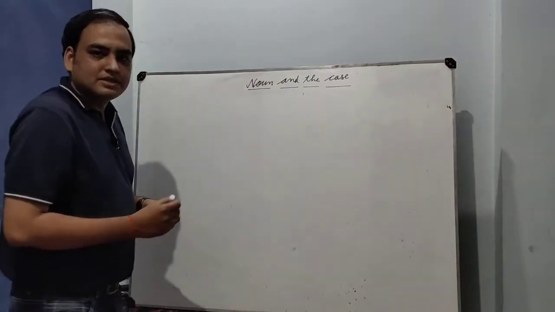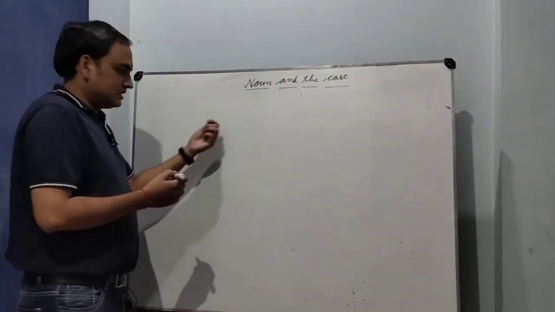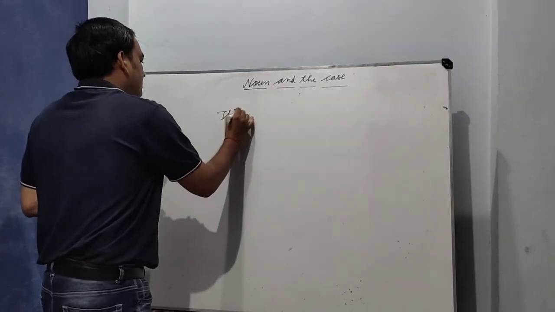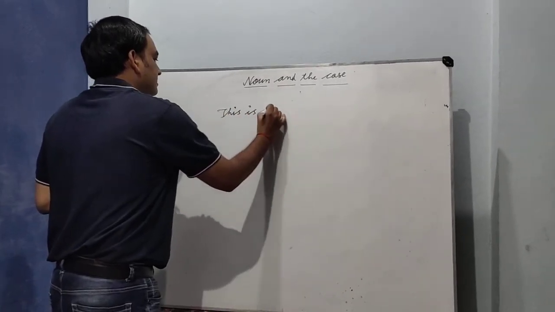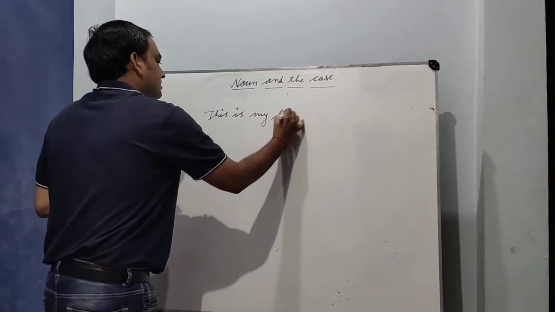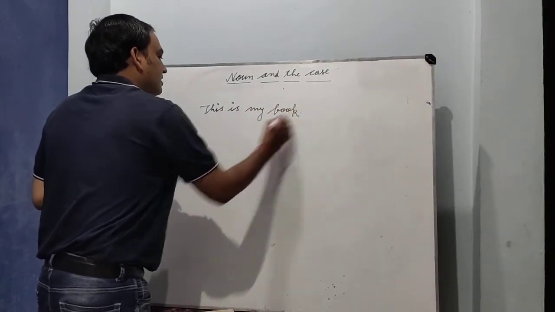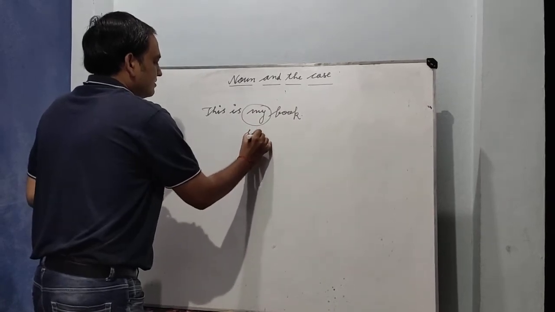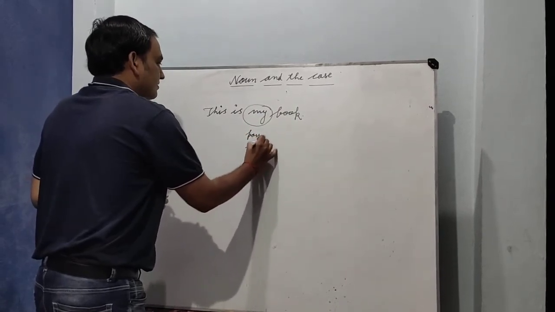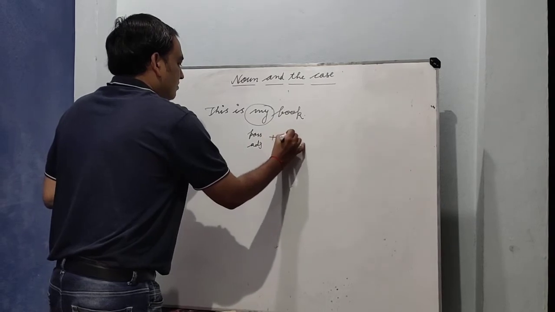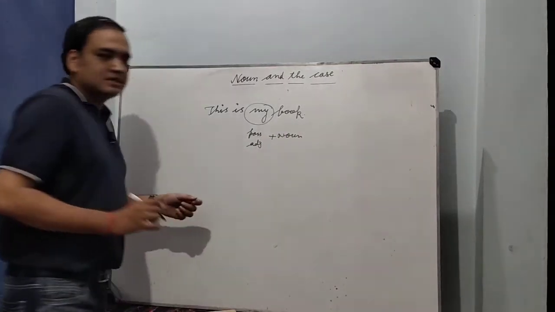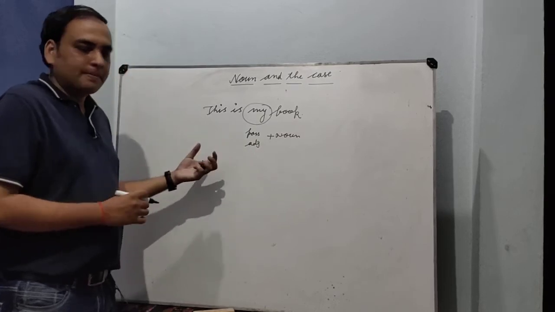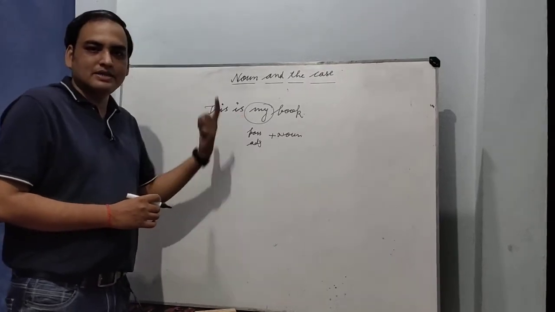In the case of possessive noun, I am writing some examples. This is my book. You may understand that this my is a possessive adjective, and this is a noun. So this is a case of possessive noun in which we are using possessive adjective.